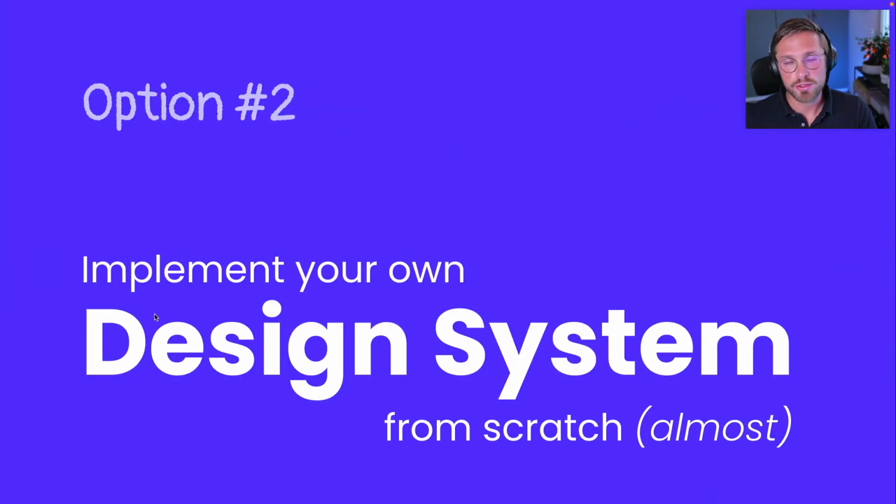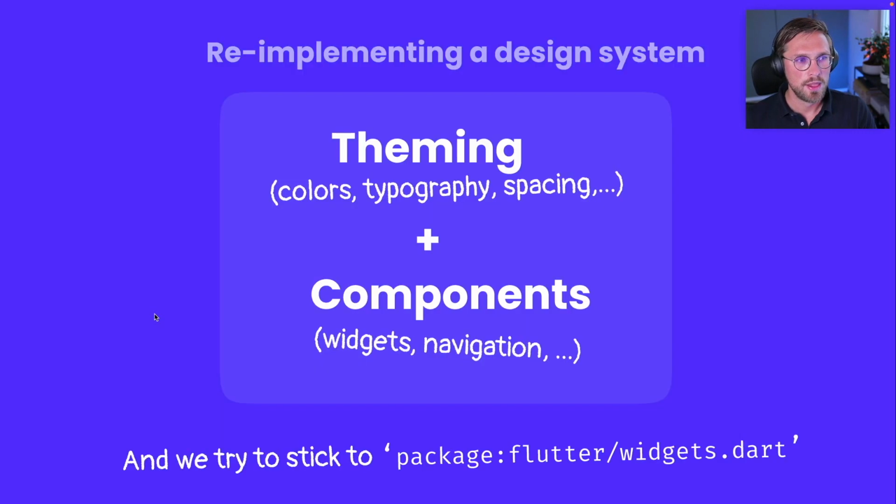The second option is to build your own Material Design system equivalent from scratch by using the most basic widgets from Flutter. This means that you will have to re-implement all of the theming area with colors, typography, and so on. But you will also have to re-implement a lot of components so that they match what you have in your design system prototype.